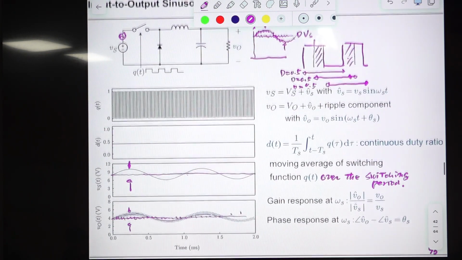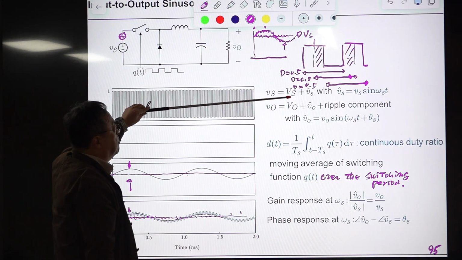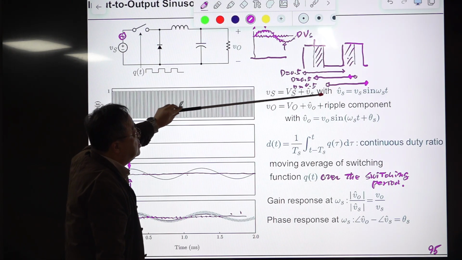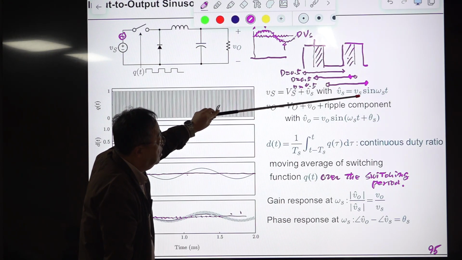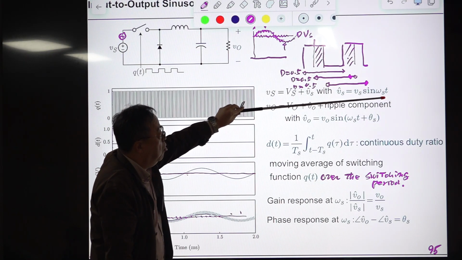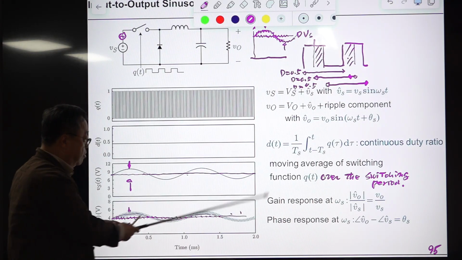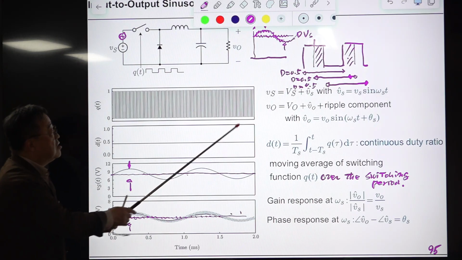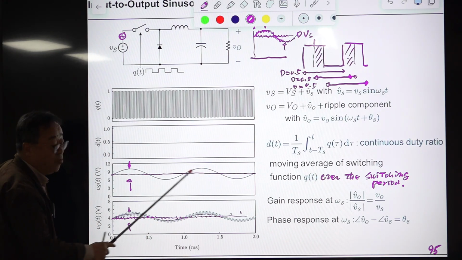So for this case, Vs is DC plus AC, and this AC is a sinusoidal waveform of amplitude Vs at the frequency of omega s. And then Vo contains some DC and this one, hopefully at the same frequency as this one.